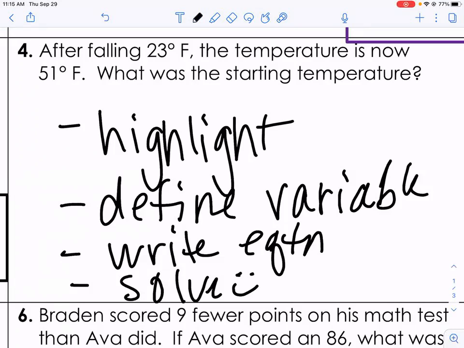So we have an original temperature, and then it falls 23 degrees. So what's your original temperature? Okay, because it says, what was the starting temperature? Take that as a variable, or whatever the question is. So we don't know what starting temperature is.